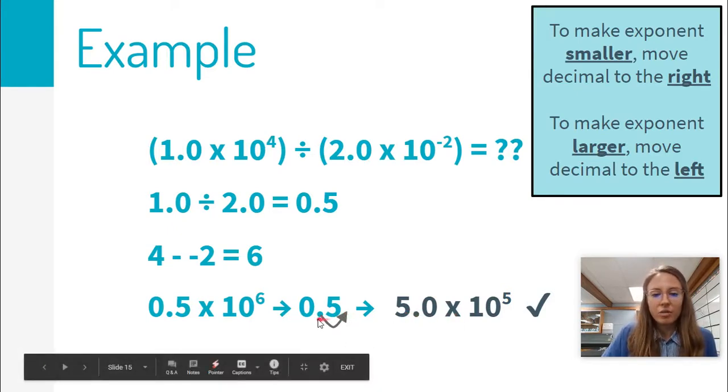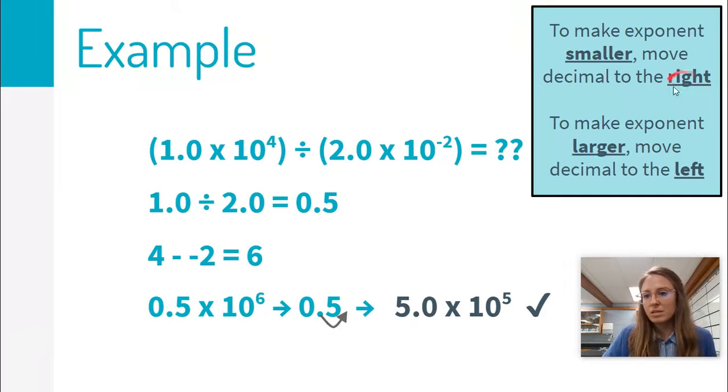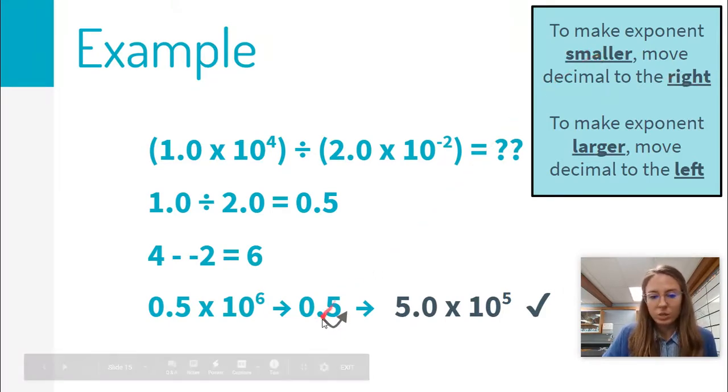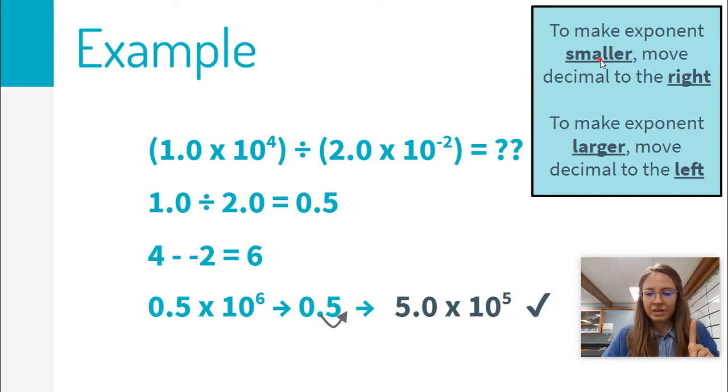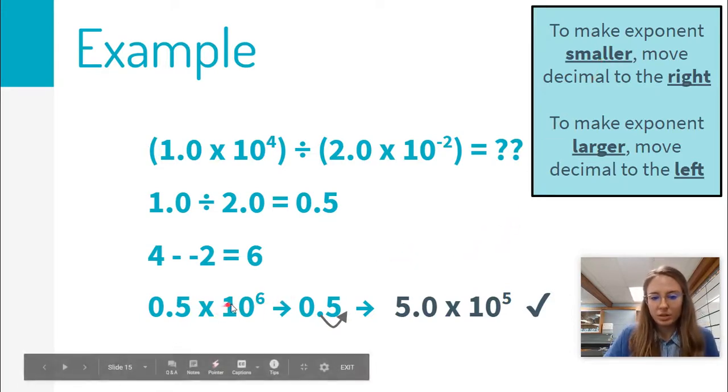And then if we are moving our decimal to the right, we need to make our exponent smaller. So we move the decimal one space to the right, which means we need to make the exponent one value smaller. So we're going to go from 6 to 5. So our new correct answer is 5.0 times 10 to the fifth.